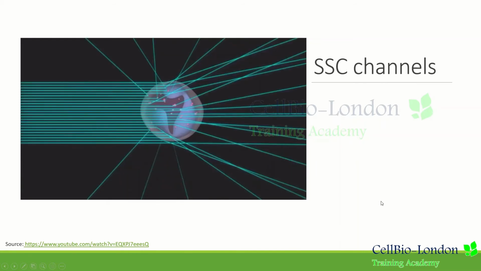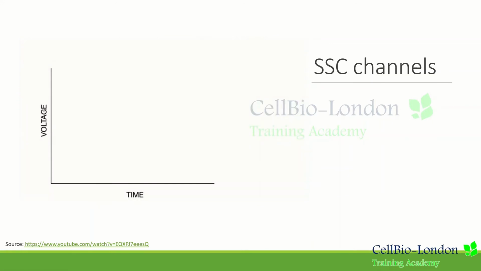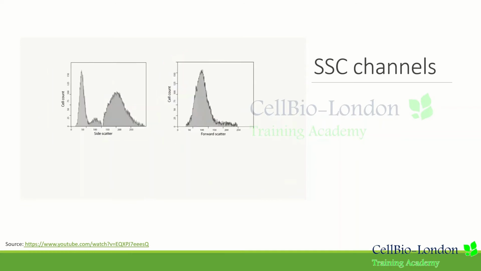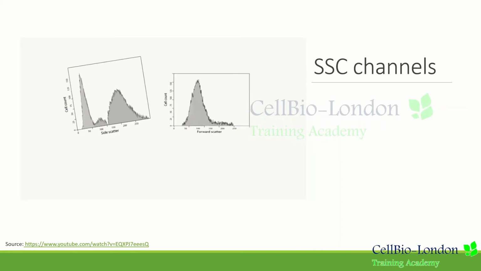Both forward scattered and side scattered channels are unique for every particle, and a combination of the two may be used to roughly differentiate cell types in a heterogeneous population such as blood. The forward scattered channel gives you an estimation of the size of the cells, and the side scattered channel gives you an estimation of the granularity and the texture of the cell.